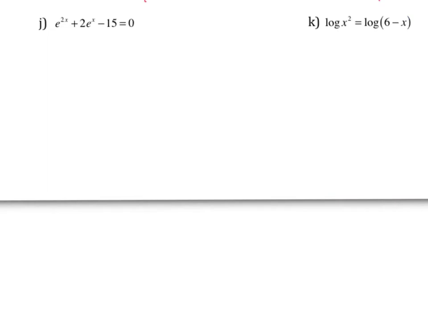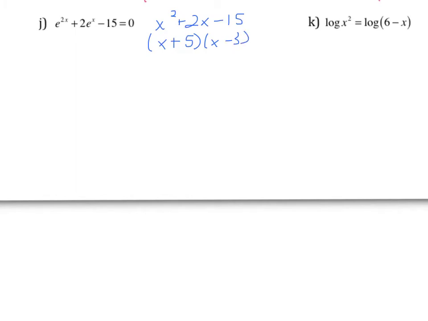For part J, we can factor e to the 2x plus 2e to the x minus 15. And we want to think about factoring that similar to the way that we would factor x squared plus 2x minus 15. And we'd factor that like x plus 5, x minus 3.